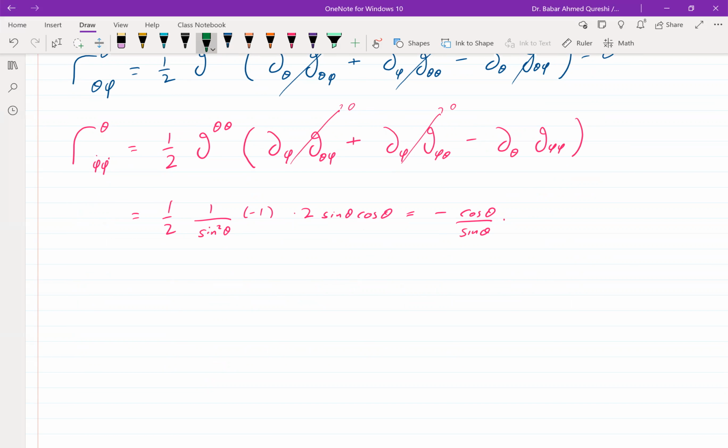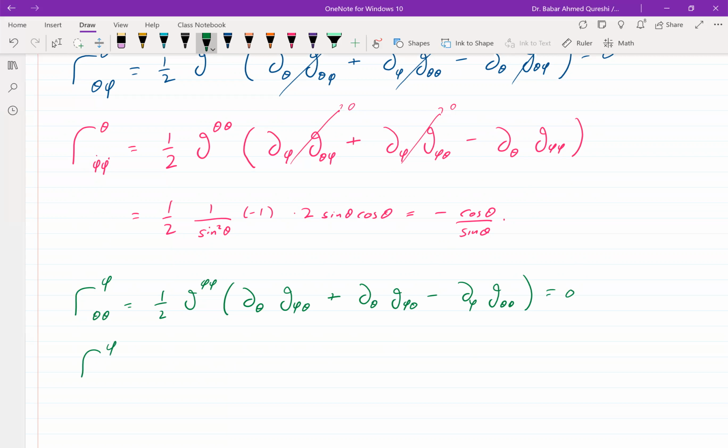Then I have these guys, gamma phi theta theta, half g phi phi, g theta g phi theta plus again d theta g phi theta minus d phi g theta theta from the summation. But g theta theta doesn't depend on anything, so 0.